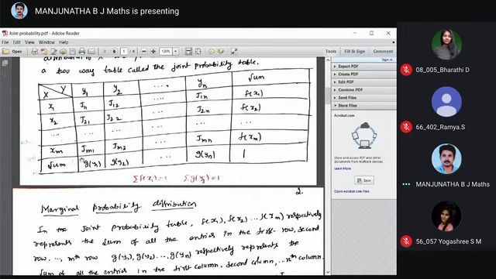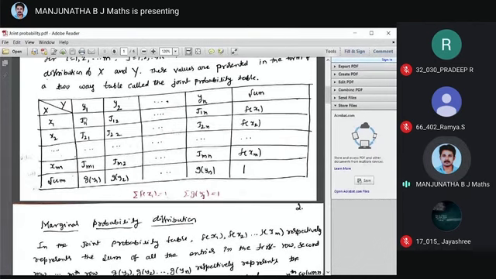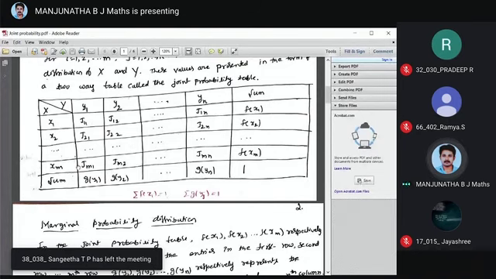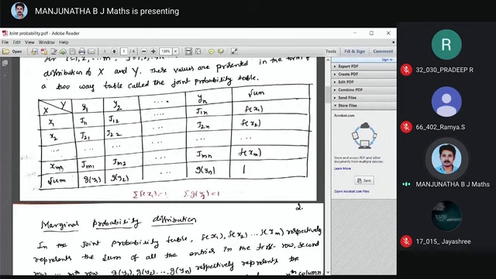In the table, the Y values are across the top, that is y1, y2, etc. up to yn. X is below, in the column entry, that is x1, x2, etc. xm. So this is J11, J12, etc. J1n, J21, J22, J23, etc. J2n, and so on, up to Jm1, which is f of xm comma y1, Jm1, Jm2, etc. Jmn.